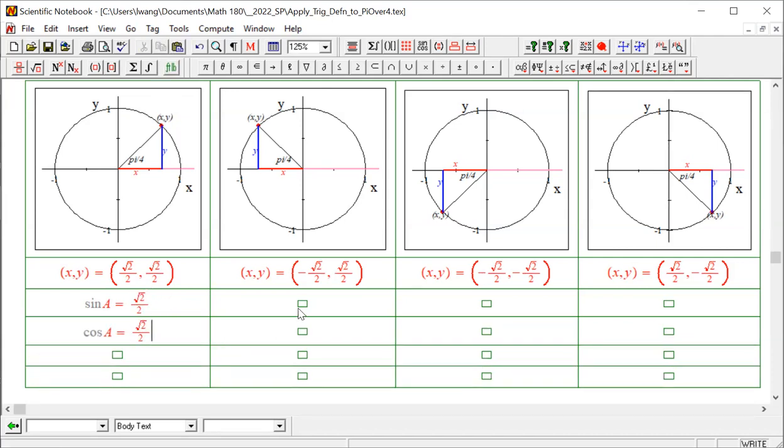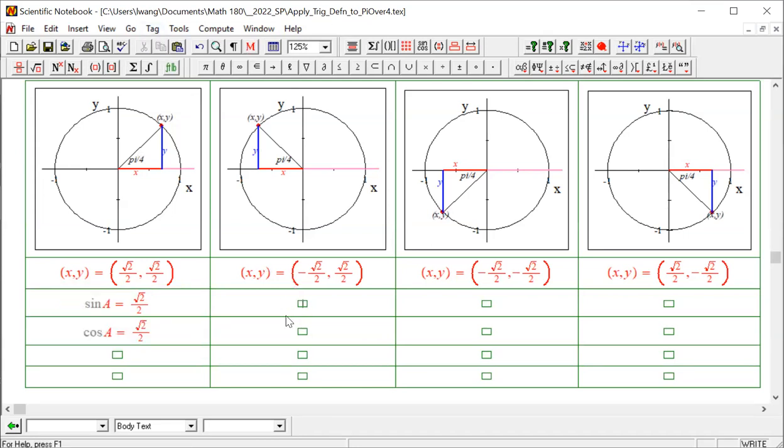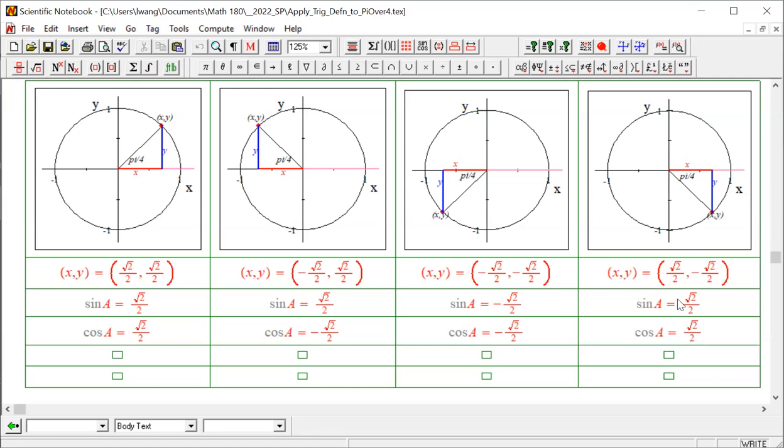They happen to be the same value. On the 2nd quadrant you can see there will be some sign changes: cosine will be negative, sine is still positive. In the 3rd quadrant, both are negative. On the 4th quadrant, sine is negative, cosine is positive.